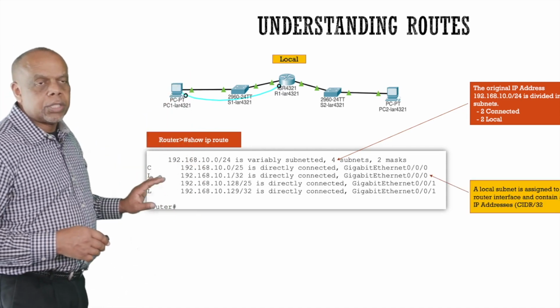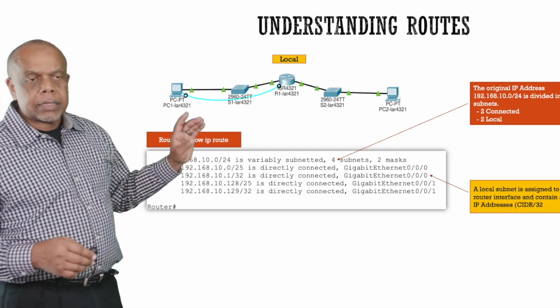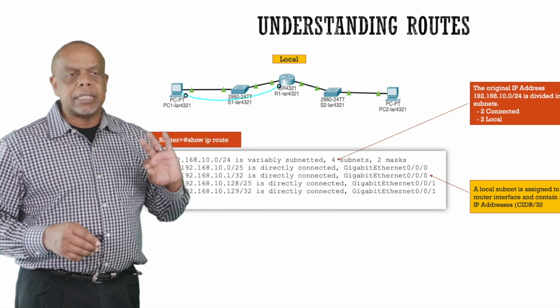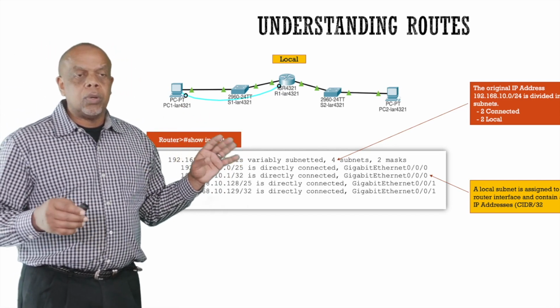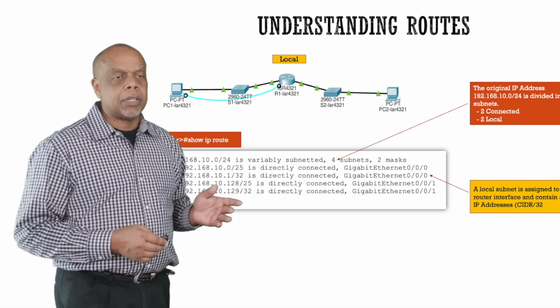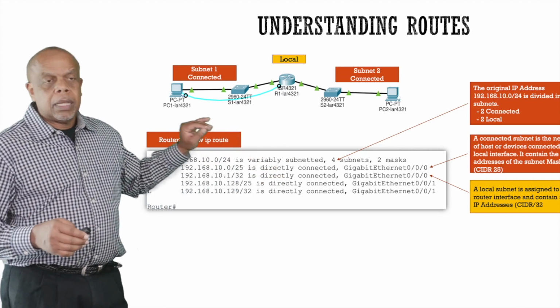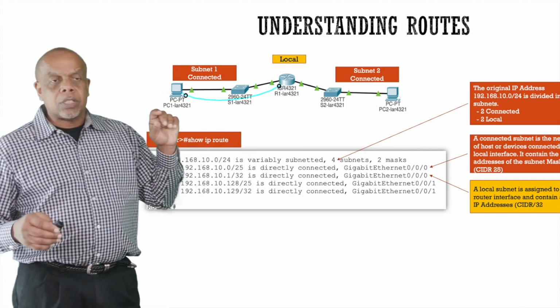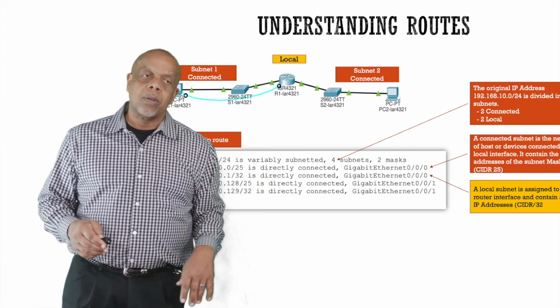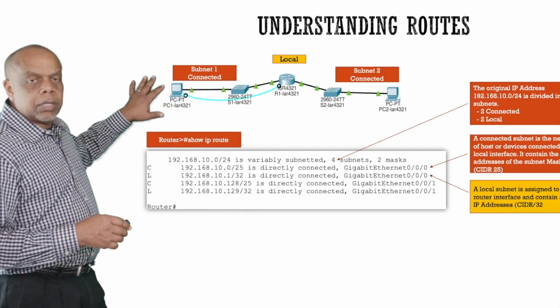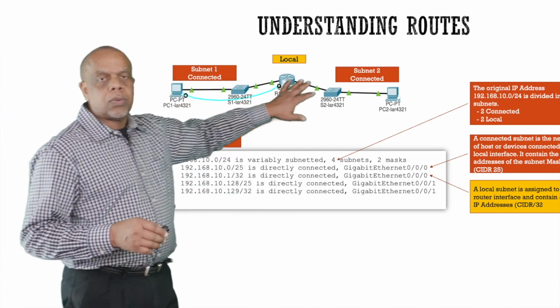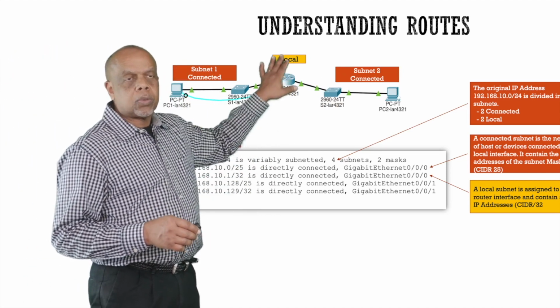Local, like I say, is assigned to the router interface and contains all of the 256 possible available IP addresses. Whereas a connected subnet is a network that has the hosts or devices connected to that local network. So these are your connected subnets and then your local subnets.